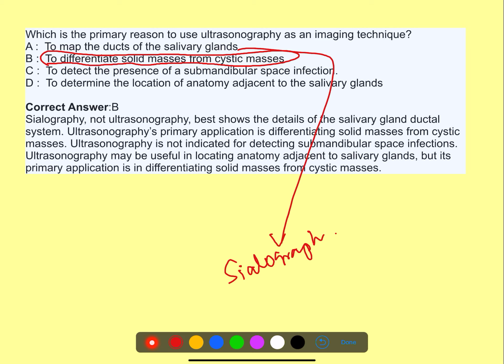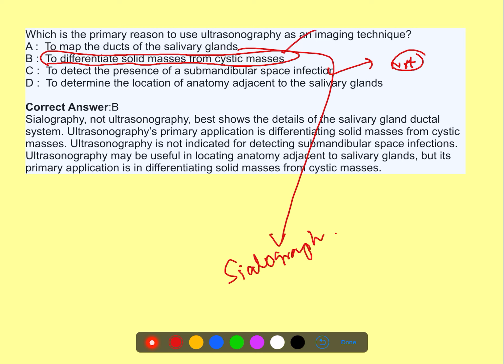Space infections are mostly not indicated for USG, but you can see them. And to determine the anatomic location and adjacent salivary glands, we will not use USG mostly. So the primary reason for USG is to differentiate solid masses from cystic masses.